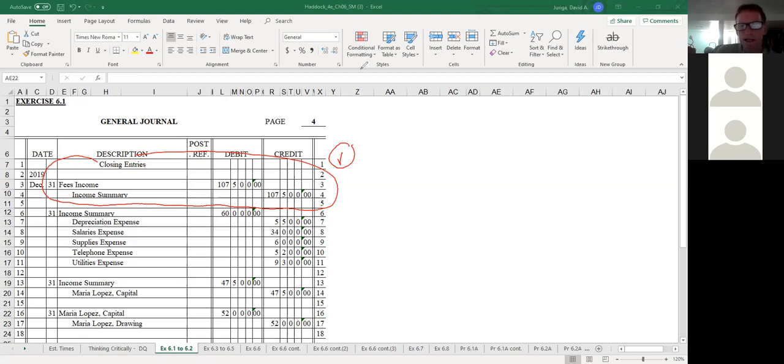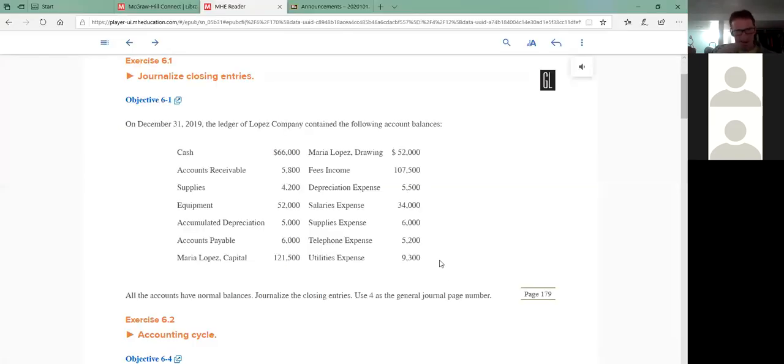Now, the second entry, let me clear this. All right. Then the second entry, what we're going to be doing is closing out the expenses. We're going to look for all of our expenses, and we're going to close our expense accounts.